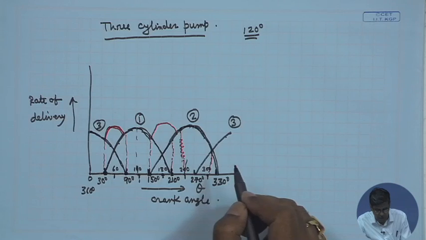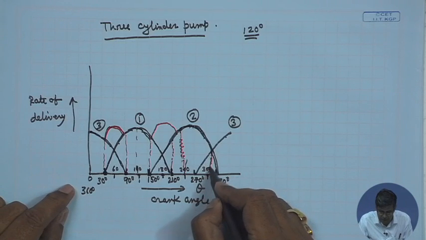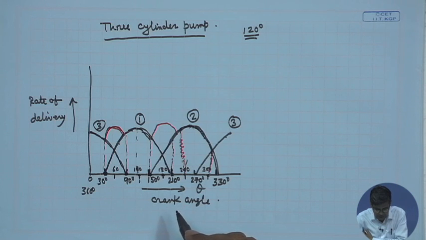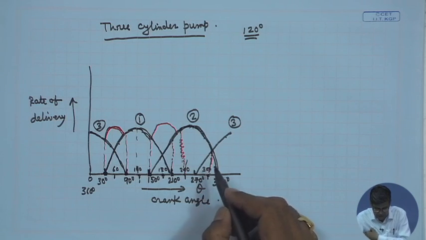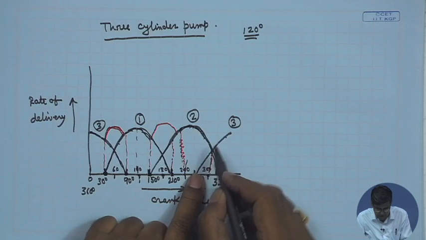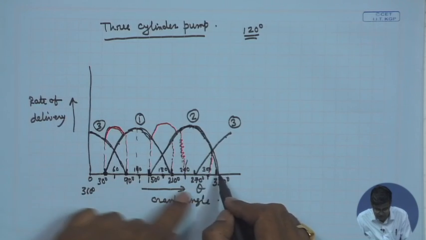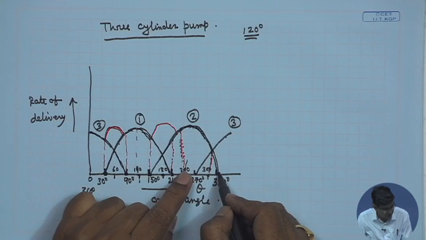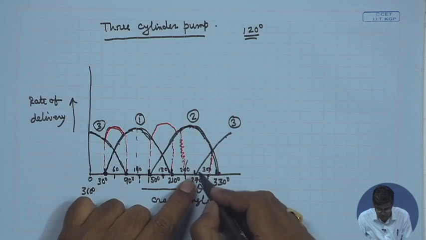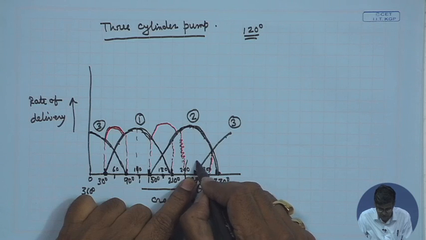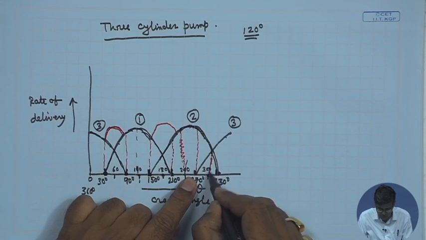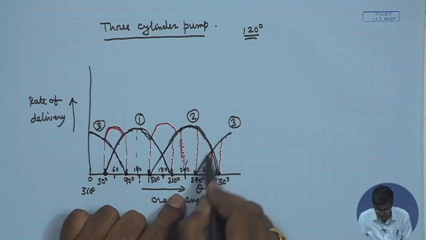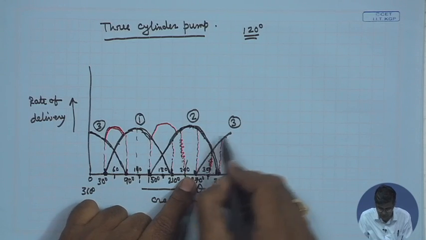Where it cuts here, that is 300, and where this is 0, that is 300 to 270 to 330, sorry, not 300, 270 from here to 330. That means in this part, 270 and 330, there is an overlap.